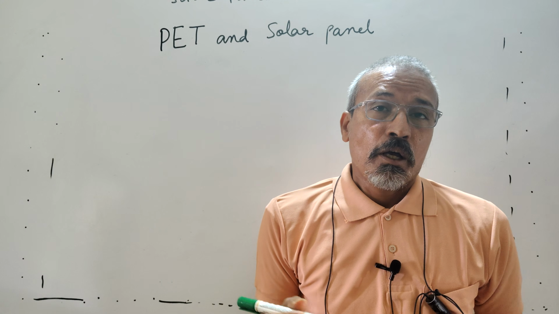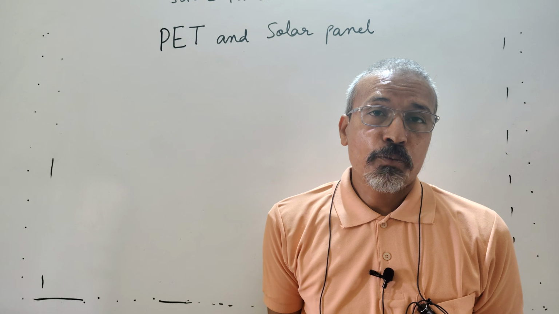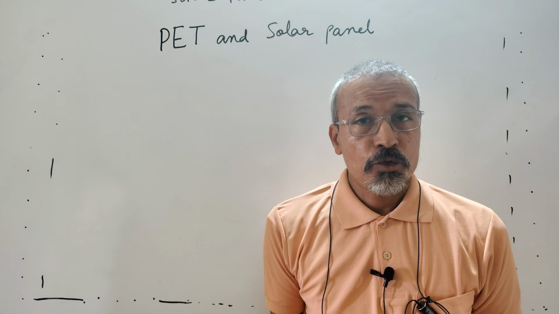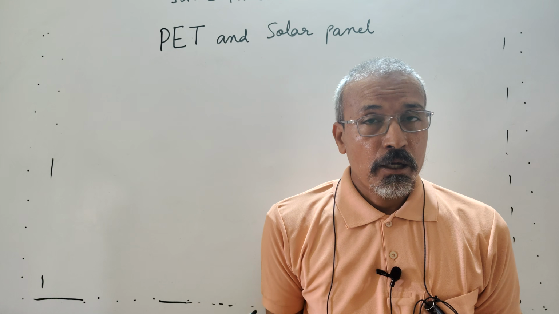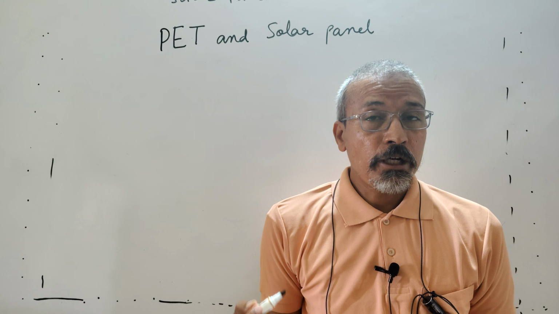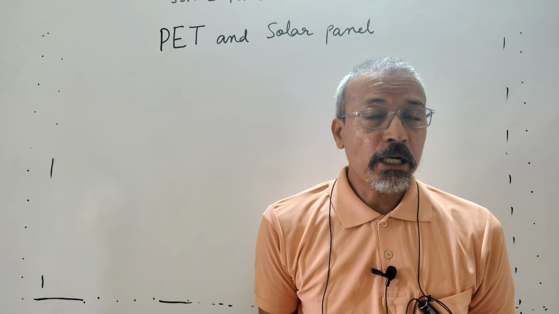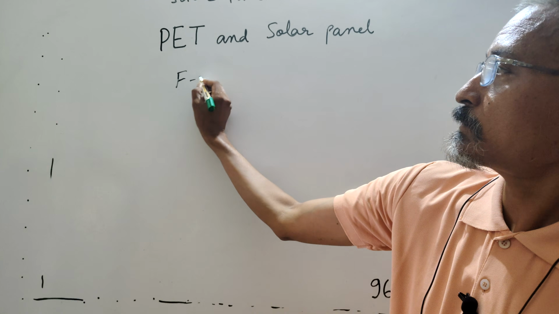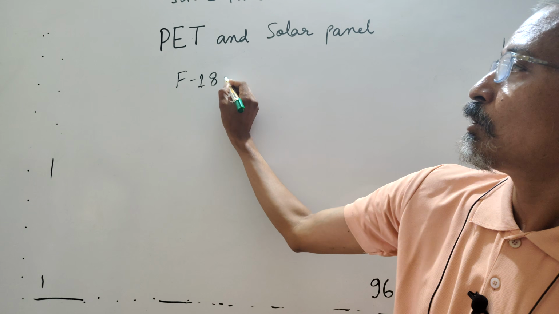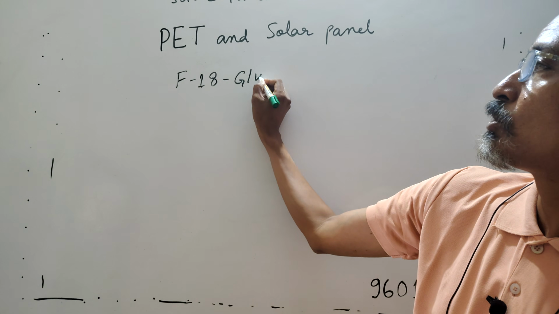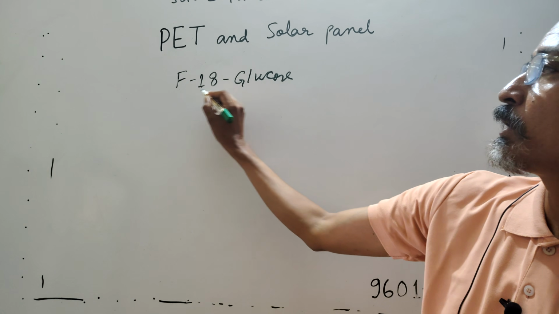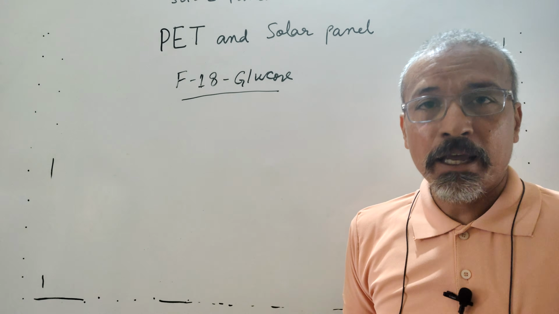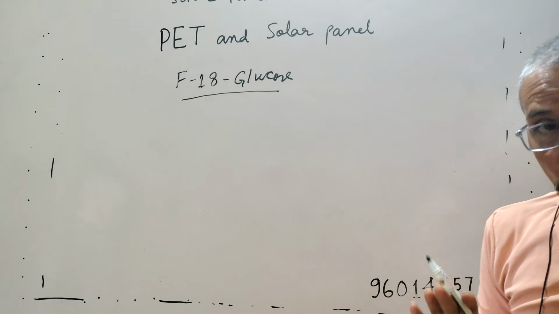Since radioisotopes can be traced in our tissue, as you know, with tracer techniques, in this case we use a radioisotope of fluorine, that is F18. Glucose is attached with the F18, and F18 is a radioisotope.